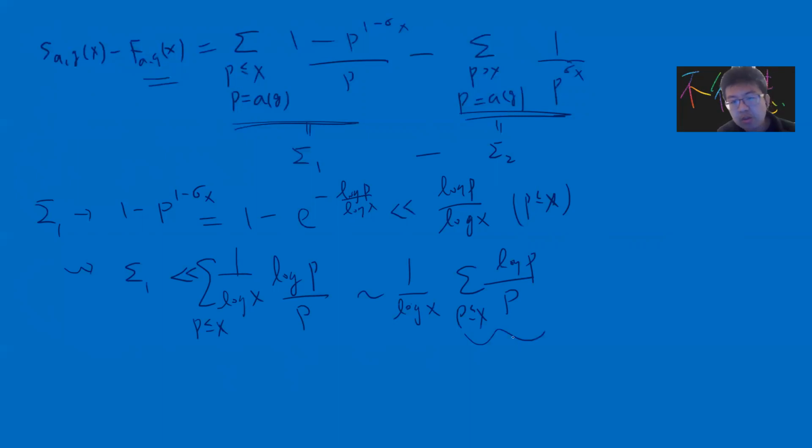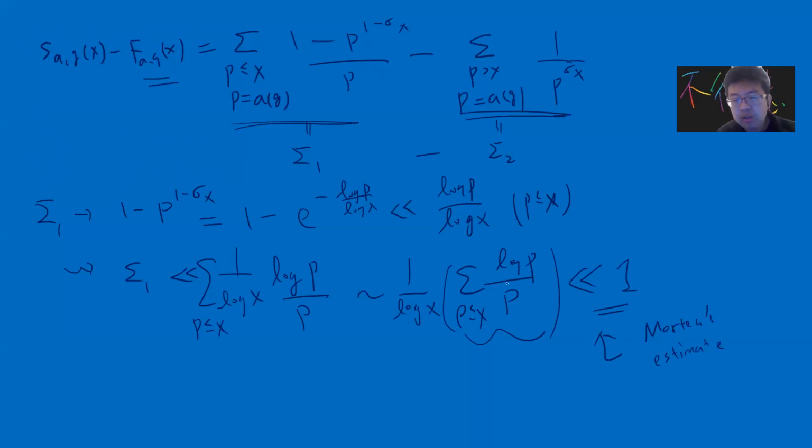So how do you do this control? We have the prime number theorem, so you can try to bound this, but let me just tell you the result. This is less than or equal to O(1). This is by Mertens' estimate.